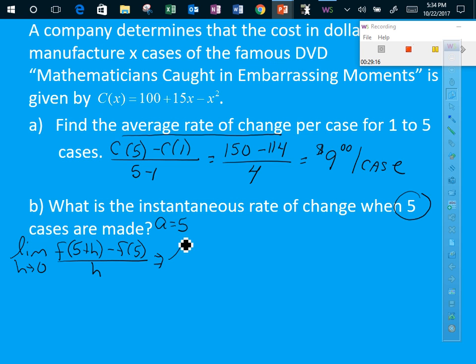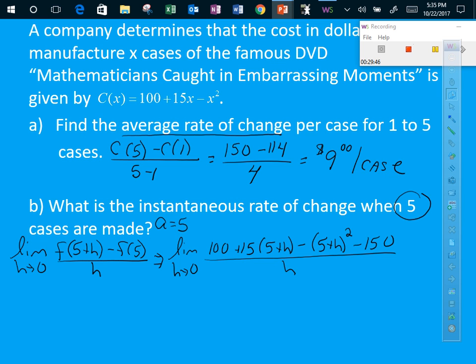So now it's going to look like this. The limit as h approaches 0 of 100 plus 15 times (5 plus h) minus (5 plus h) squared. So that took care of that. And then I still got to minus away f of 5. So if we plug 5 into here, we're going to get minus 150, all over h.